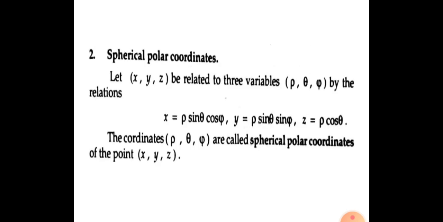When differentiating z is equal to rho cos theta partially with respect to rho, theta, phi, we will get cos theta, minus rho sin theta, 0. So after evaluating this determinant, we will get rho square sin theta.